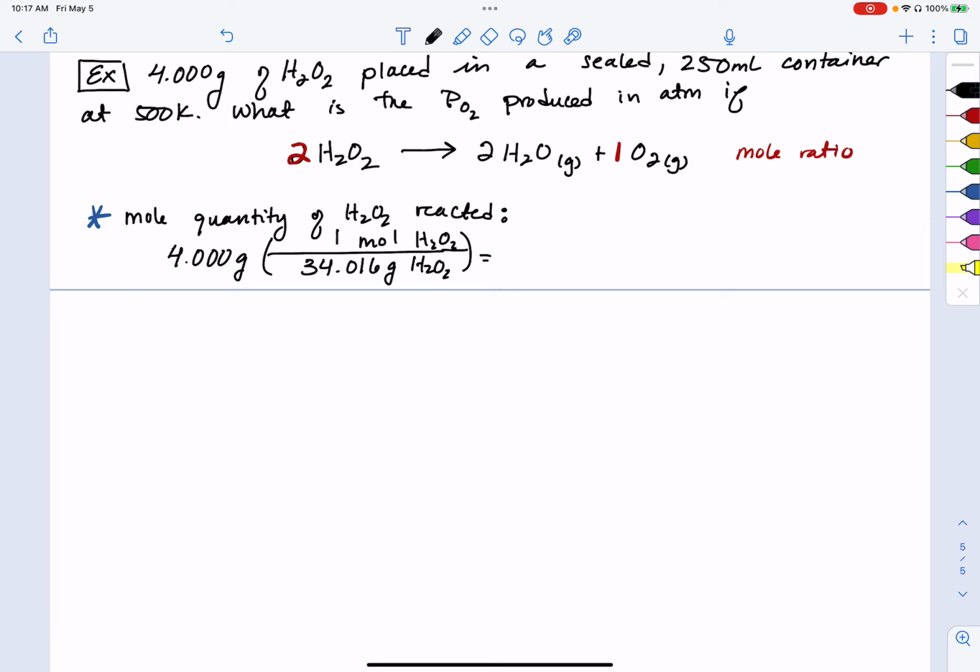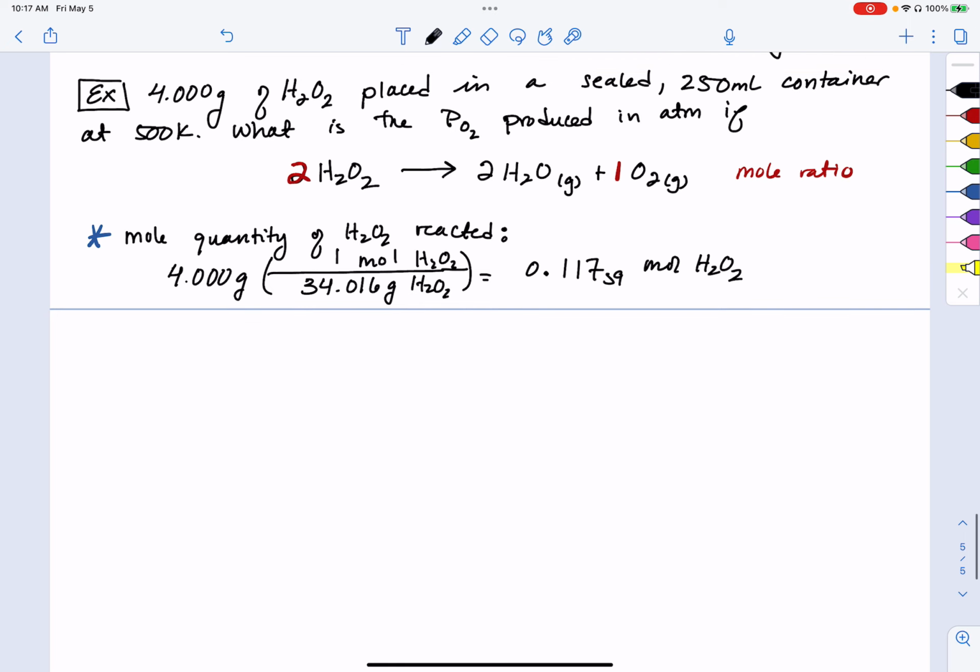So let's do that division. 4 divided by 34.016 gives me 0.11759 moles H2O2. All right.